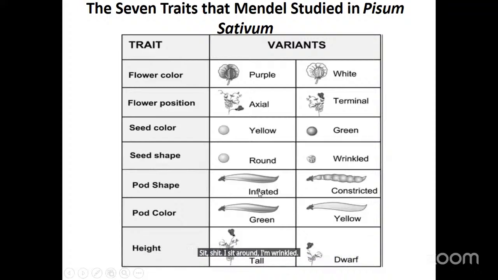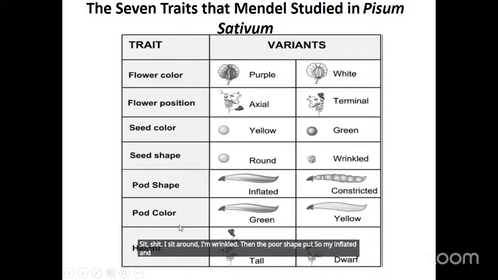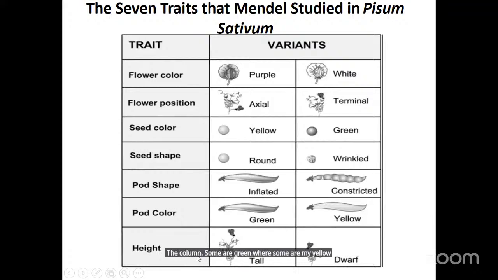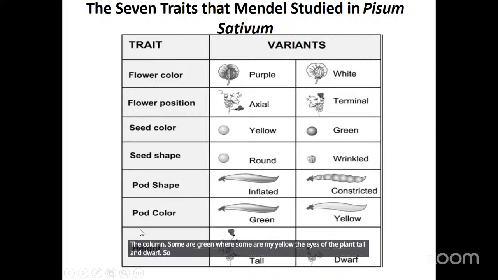Then the pod shape, some are inflated and some are constricted. The color, some are green while some are yellow. The height of the plant, tall and dwarf. So these are the 7 traits that Mendel studied that have contrasting ways of being expressed.